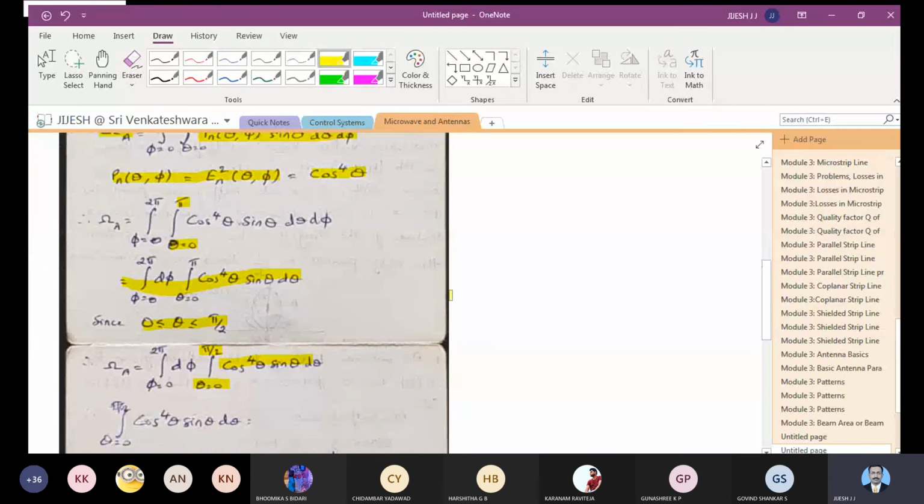So let us do the integration of 0 to pi by 2 cos to the power of 4 theta sin theta d theta. You have to take t, and the limits will change, as you know.